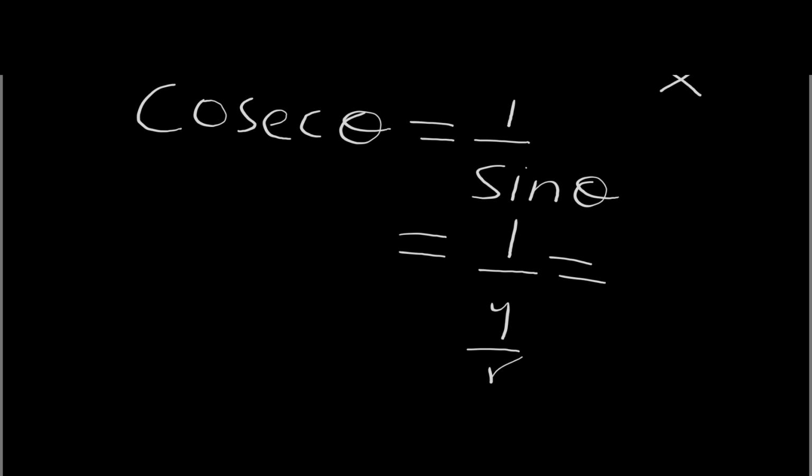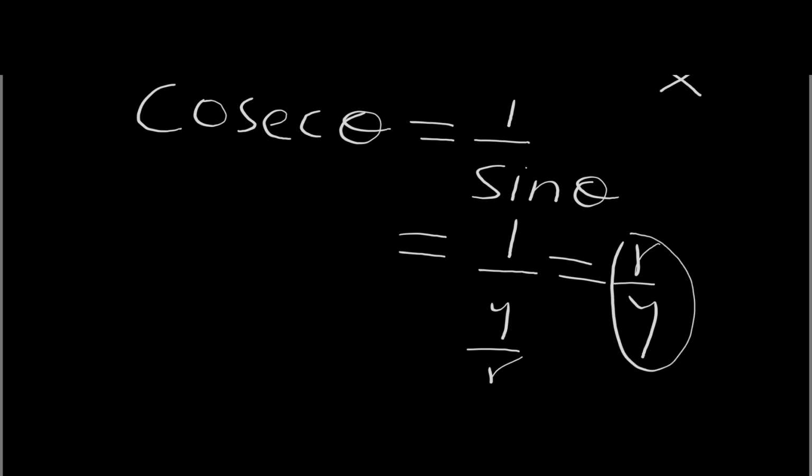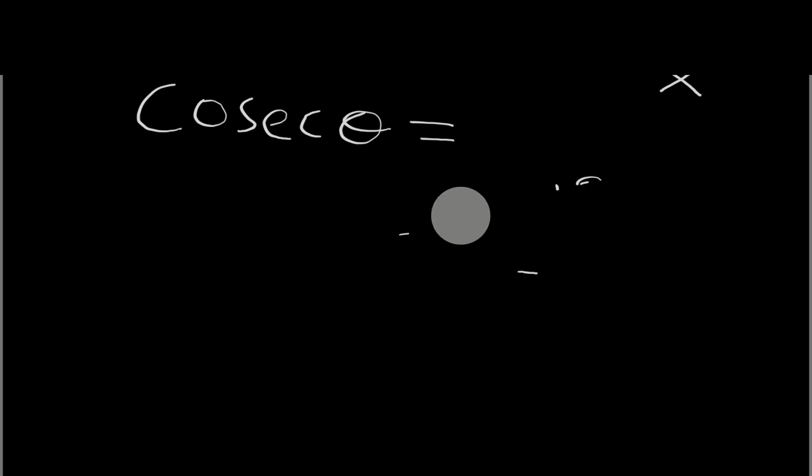And when you simplify, we are going to have r over y. So cosec theta is equal to r over y. So let's go ahead and represent cosec theta with that. So we have r over y.